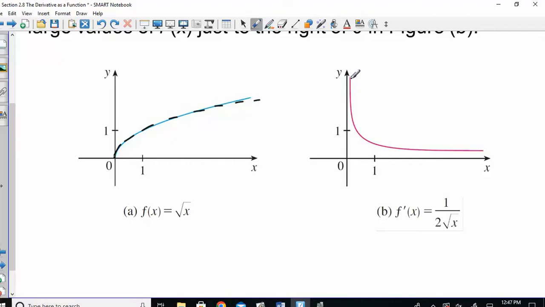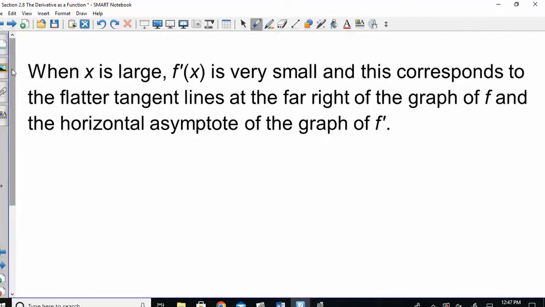It flattens out. So the derivative starts out pretty high because the tangent lines are steeper, they have a bigger slope, and as those lines get flatter, the derivative is getting smaller. Okay, so we will look at that more, but just starting to talk about those pieces when we look at them.